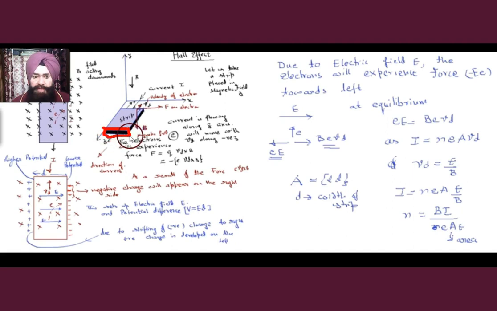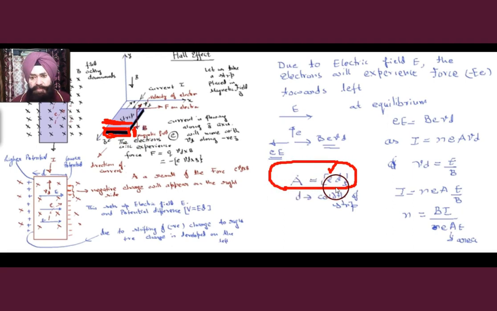And this is the cross-sectional area. And this length, this is what? This is the D, from here to here. And this thickness is how much? Small l. Small l is the thickness of the strip.